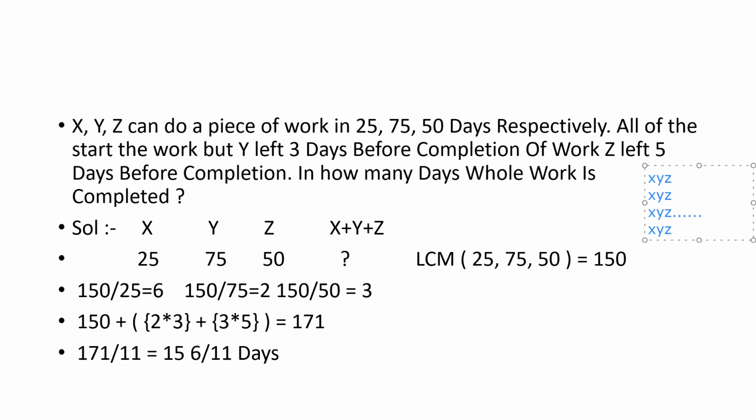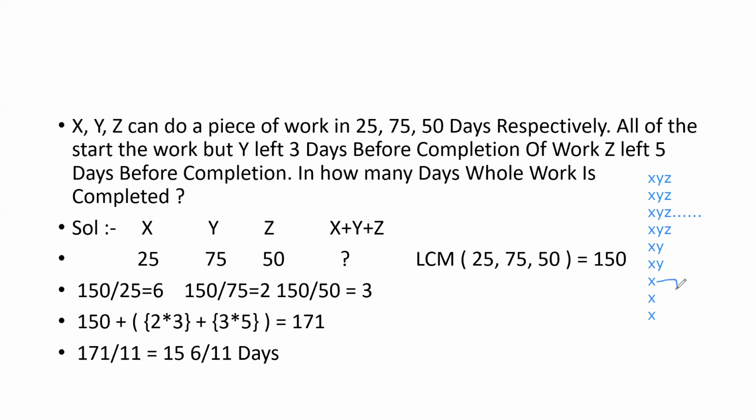After some days, in the last 5 days X cannot work, Z cannot work, and in the last 3 days Y and Z both do not work. So we don't know how many days Y works, how many days Z works, but we know how many days Y cannot work and Z cannot work.